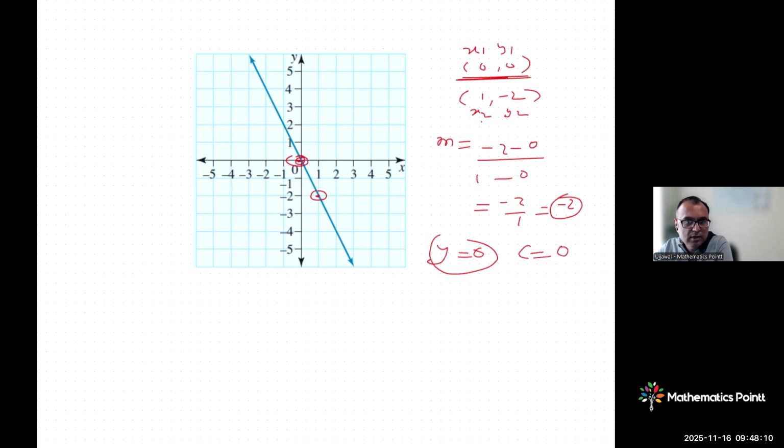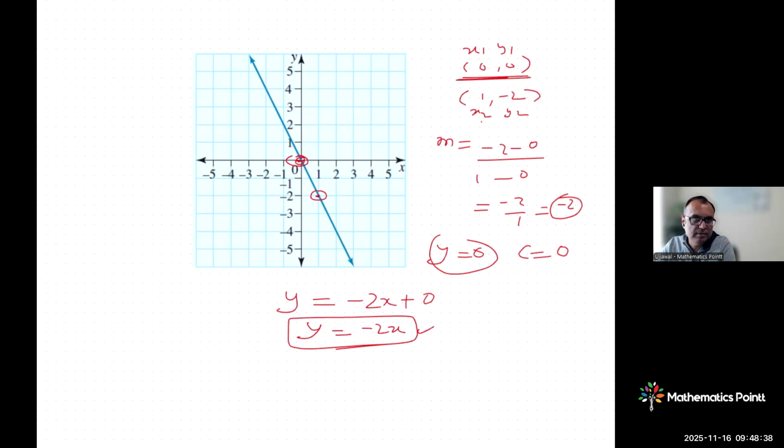So y equals to negative 2x plus 0, which means y equals to negative 2x. That is the equation. Making sense, yes or no? You're with me so far, so good. Yes? All right.